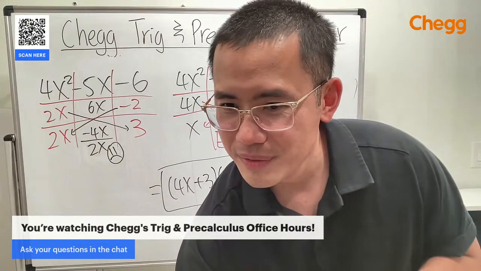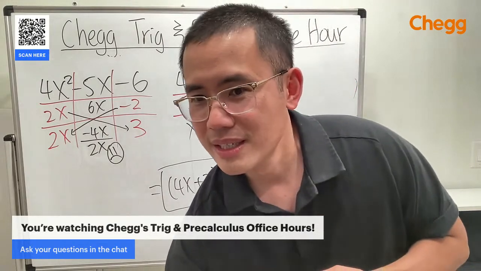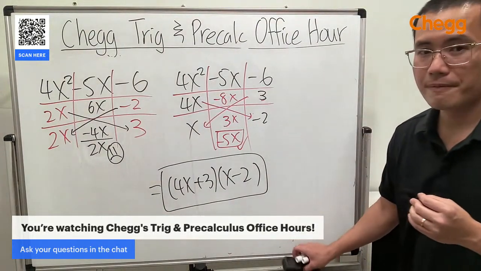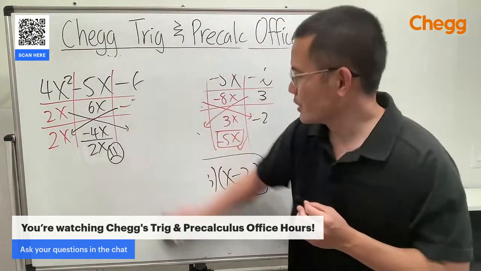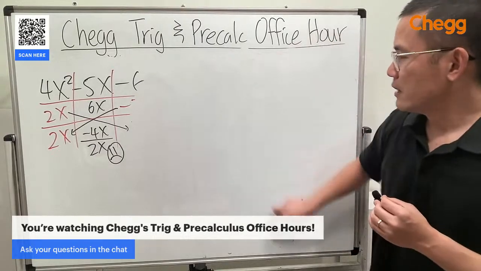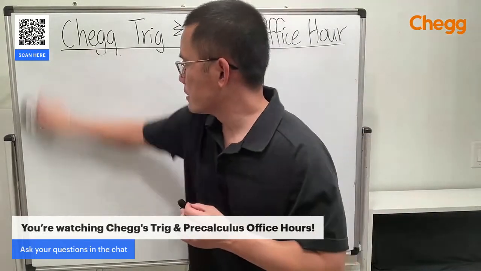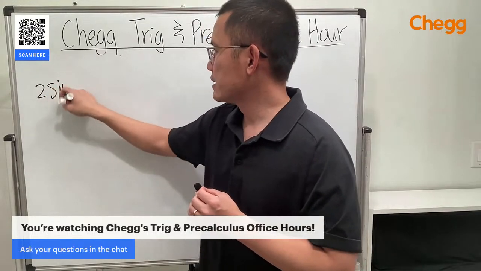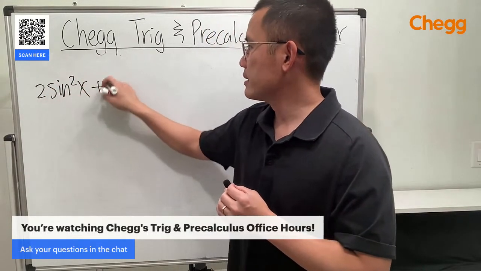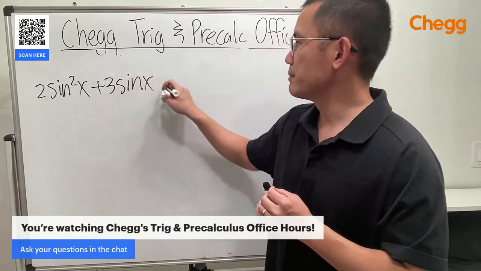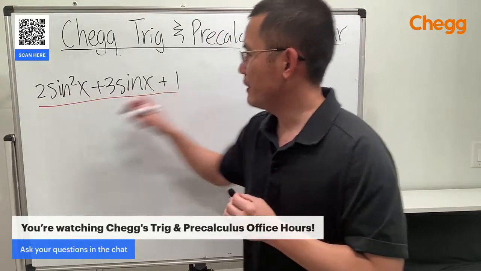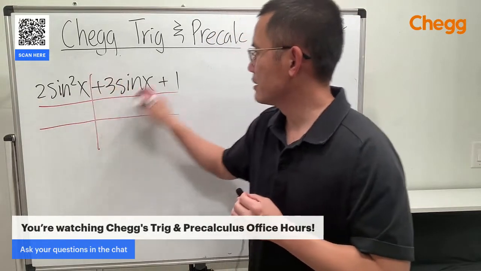It's really, really useful. And I can also do one with trig with you guys. I'm going to erase this. So I can do this as 2 sine squared x plus 3 sine x plus 1. I can still factor it like this.